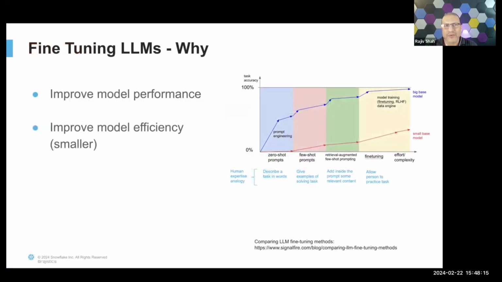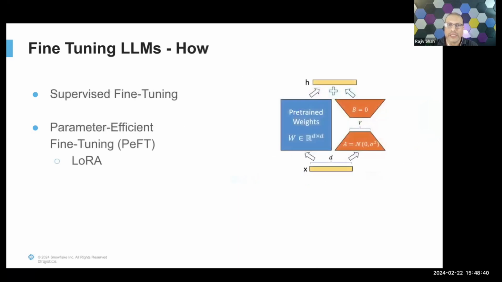The second is fine-tuning the models. We've talked a lot about how we might want to fine-tune models to increase performance. You can also use fine-tuning to make the model smaller, by using a smaller fine-tuned model instead of the bigger model. This is a very effective way to do that. Now, these models can be very large, billions of parameters. So one thing we've seen is the emergence of very efficient fine-tuning methods.